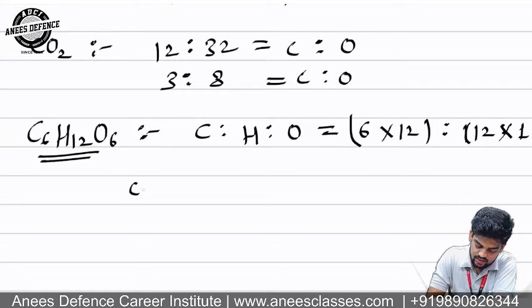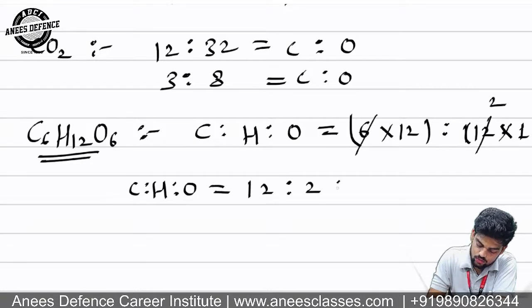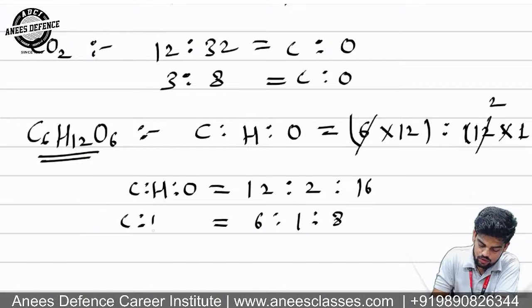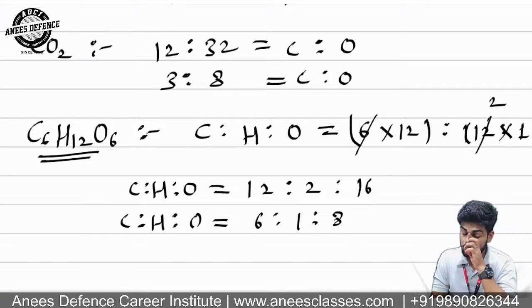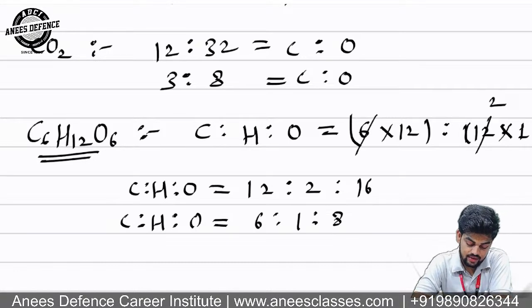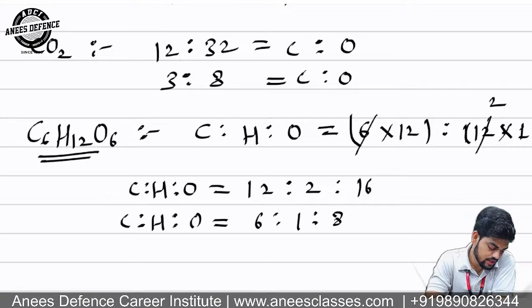So we get 72 to 12 to 96, which simplifies to 6 to 1 to 8. This is the chemical composition of glucose by its elements. Understood? Hope you understand.